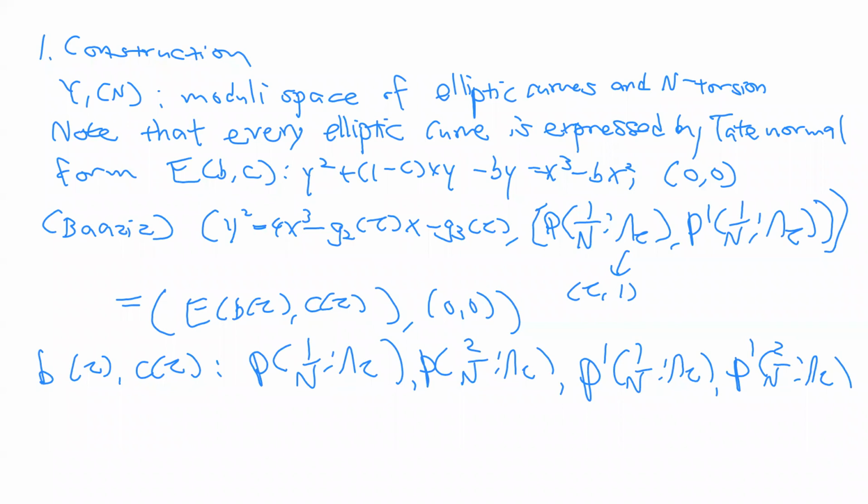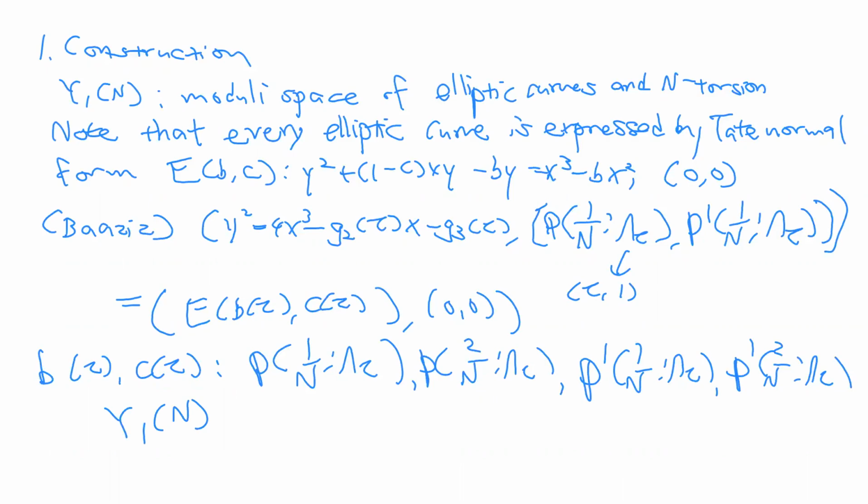And they're modular functions of level Gamma_1(n). So it stands to reason that, for quadratic surds, when tau is a quadratic surd, these are not necessarily algebraic numbers.